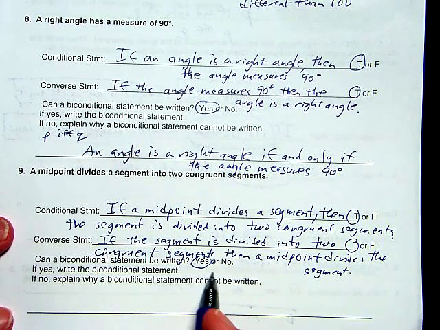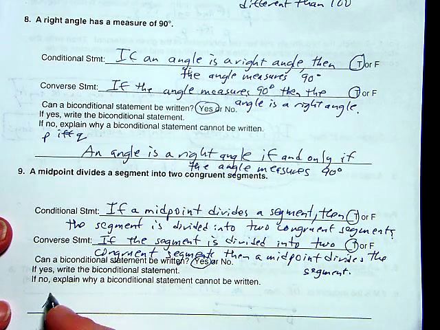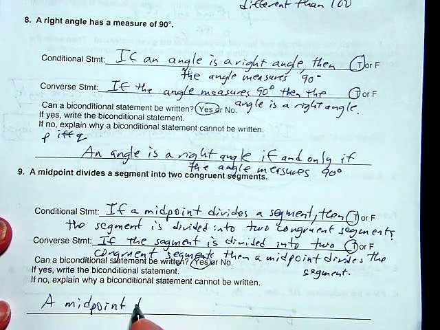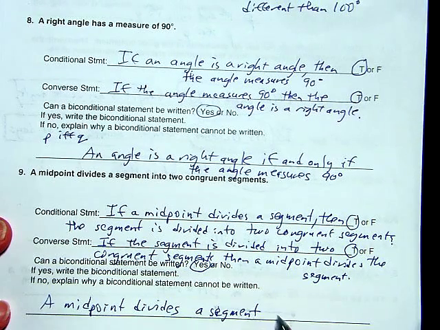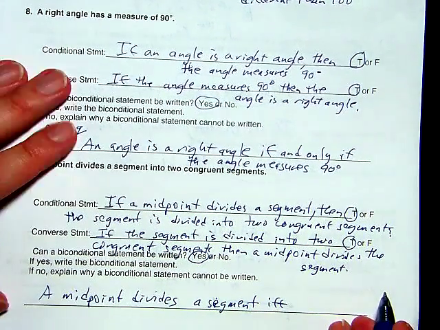And let's go ahead and write it. Again, it's P if and only if Q. So we can say a midpoint divides a segment. And this time I'll just use the IFF abbreviation. If and only if, that's how it's read.